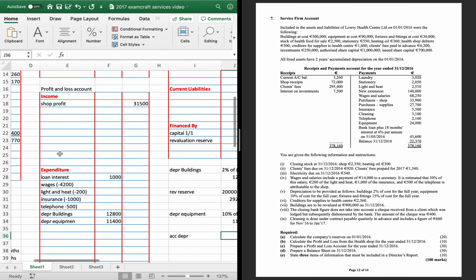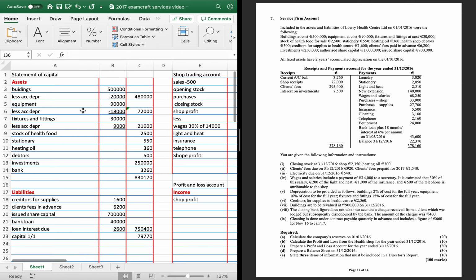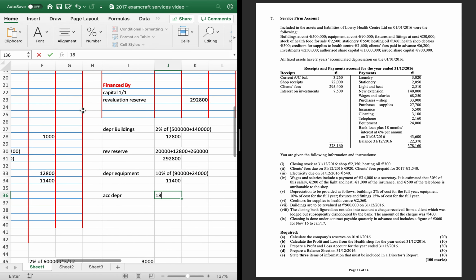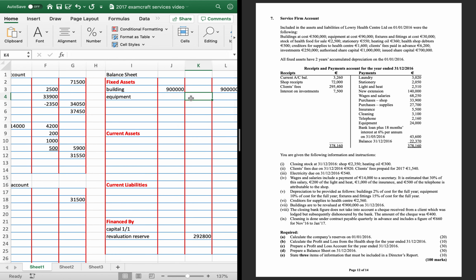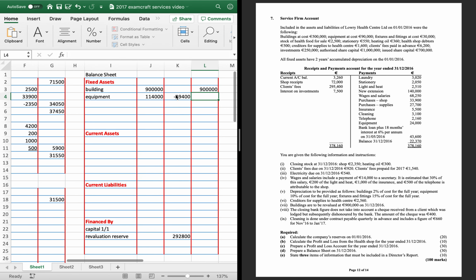And that's your answer from part A, 18,000 plus your 11,400. Which is 29,400. Equipment was 114. So we'll add those together, 84.6.